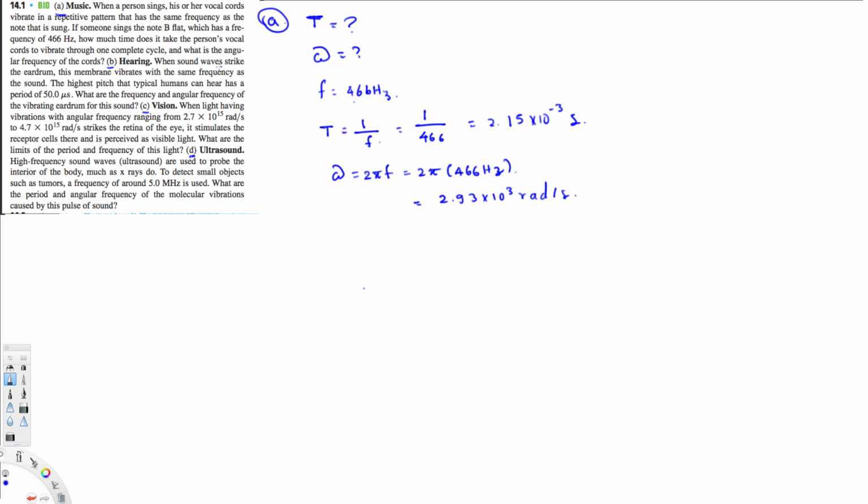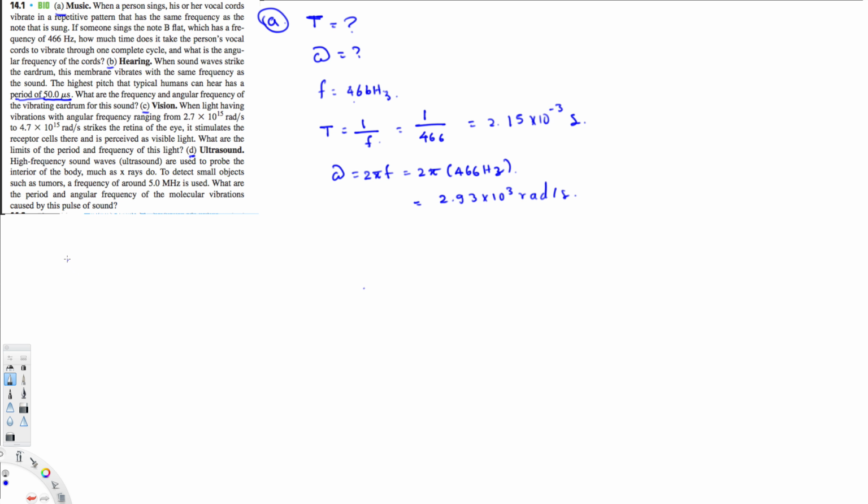When sound waves strike the eardrum, this membrane vibrates with the same frequency as the sound. The highest pitch that a typical woman can hear has a period of 50 microseconds. So we have a period, and what are the frequency and angular frequency of the vibrating eardrum for this sound?